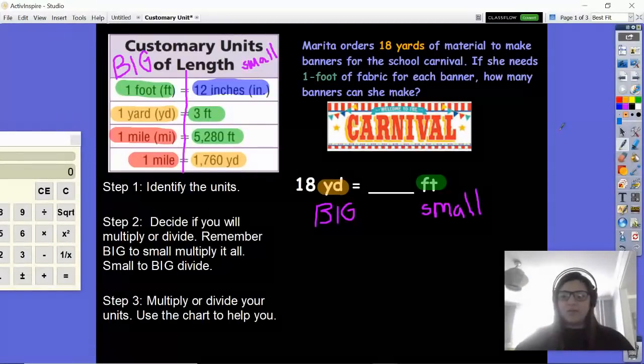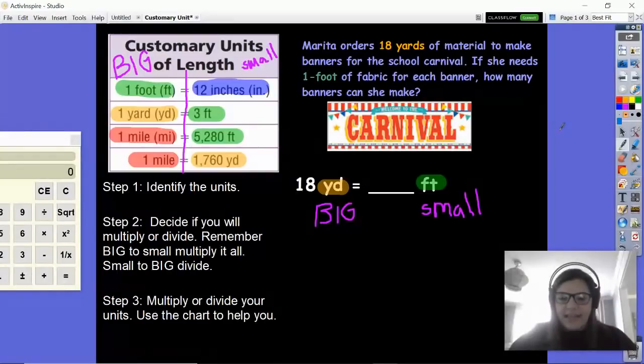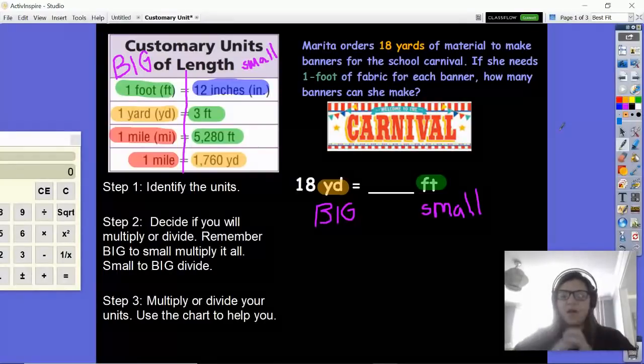I'll say that one more time: big to small, multiply it all. And then the other saying is, small to big, divide. I'll say that one more time: small to big, divide.